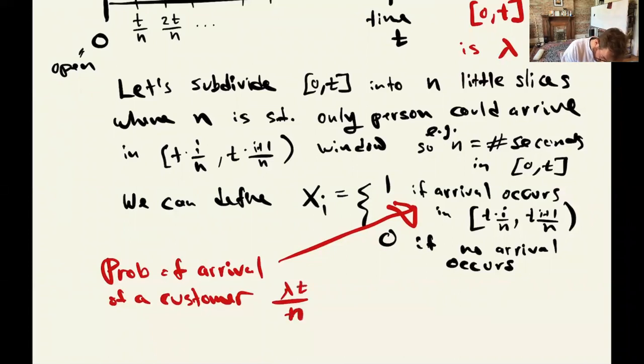We need n to be much larger than t so that this works out.